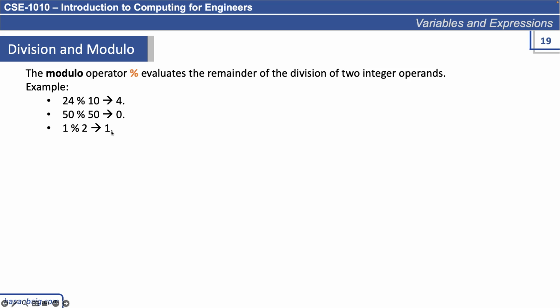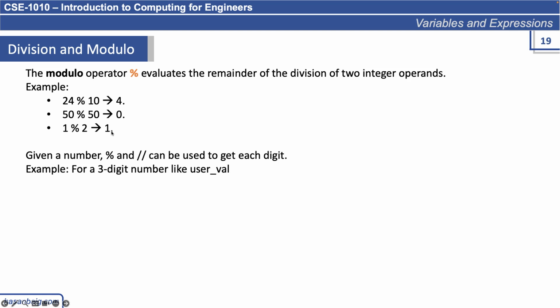Okay. Now, if we have been given a number, we can use modulo operator and floor division to extract each digit from the number. So for example, for a 3-digit number, let's say user underscore value is 927. If we have to extract the last digit, how can we extract it? So let's take it on the whiteboard.